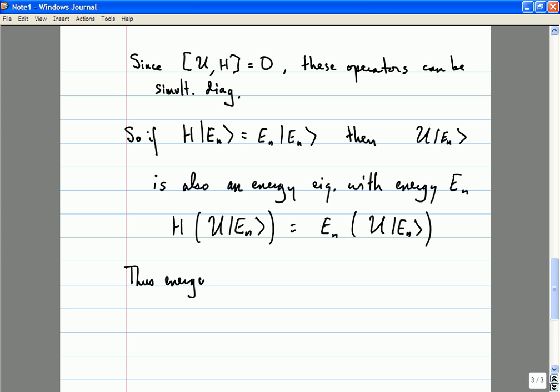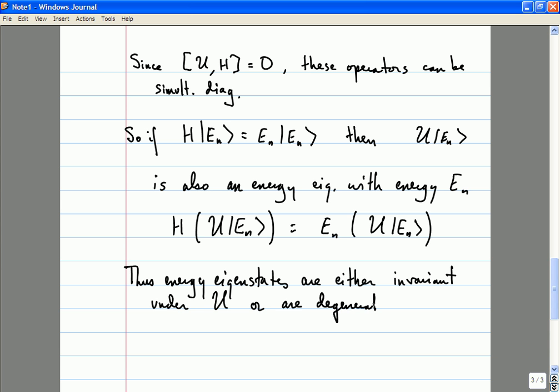Thus, energy eigenstates are either invariant under U or are degenerate. Right? There are two possibilities.